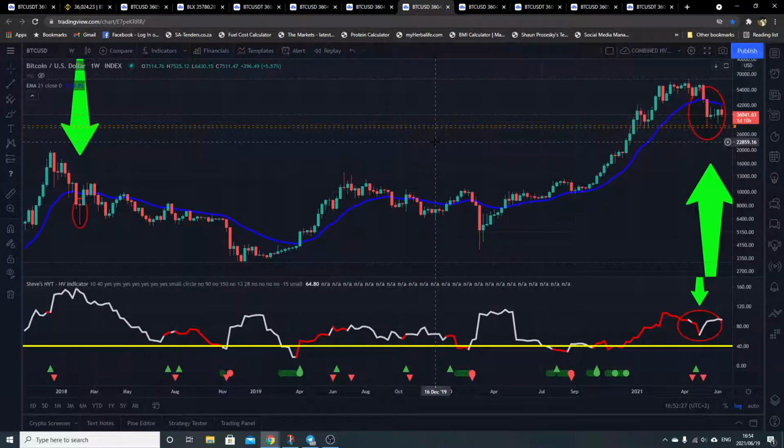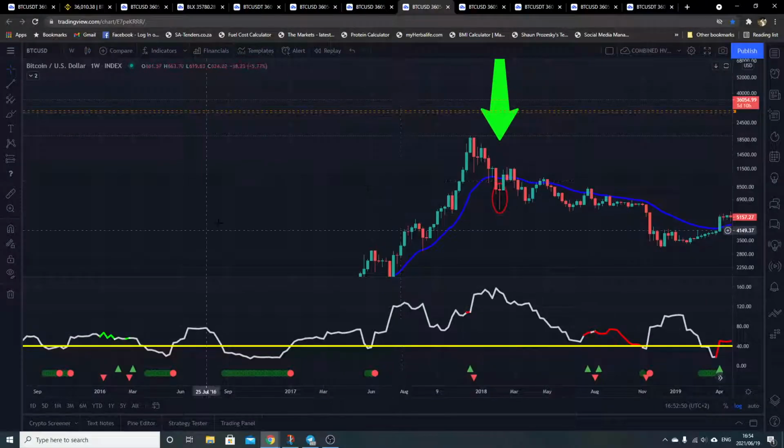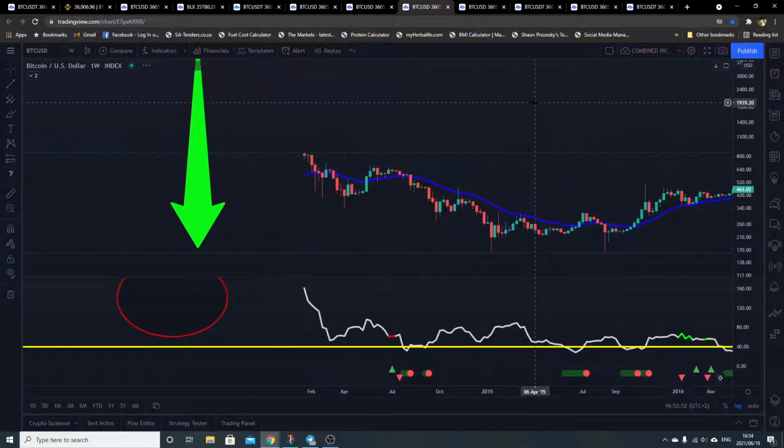Then we've got a nice little indicator here that I've been following, that I use to buy and sell Bitcoin at the top and at the bottom. Very short, but I'll go in depth into the video with you when I do it.